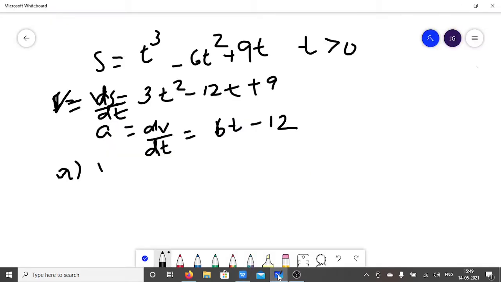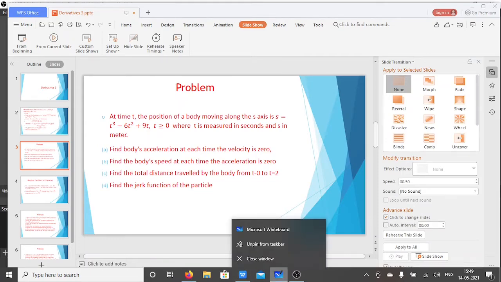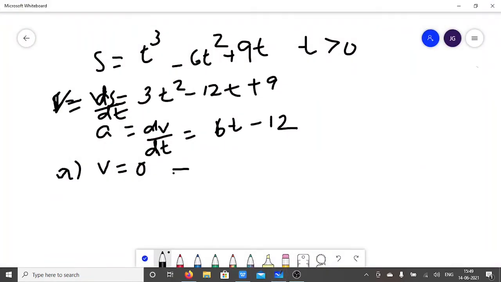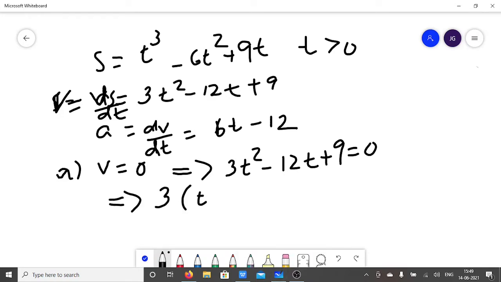So given that velocity is equal to 0, which implies 3t square minus 12t plus 9 is equal to 0, which implies 3 into t square minus 4t plus 3 is equal to 0.